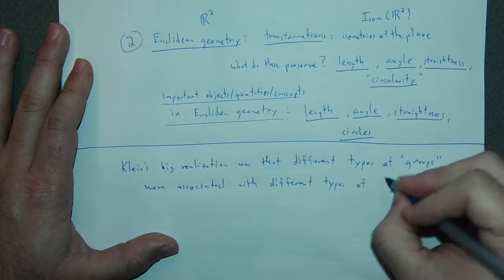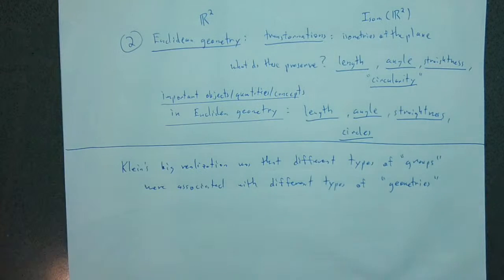Now I'm saying geometry is plural, so I'm going to put scare quotes around it, because the question is, what is that? And what do we mean when we say geometry is plural?